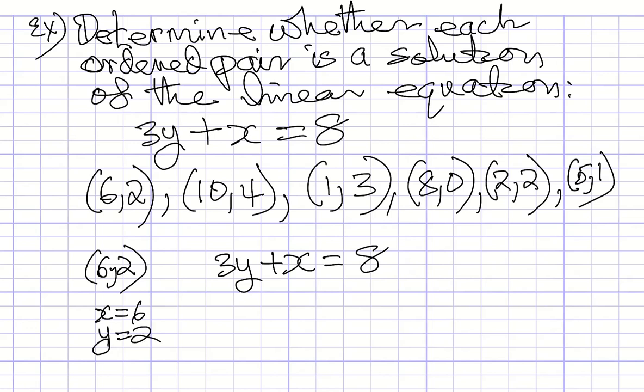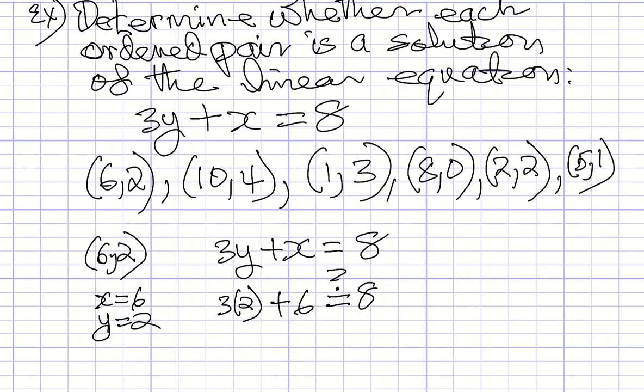All you have to do is replace those values in the equation. So it becomes 3 times 2 plus 6, and then the equation is equal to 8. That's what we need to determine. If it's equal to 8, then that ordered pair is a solution of the linear equation.